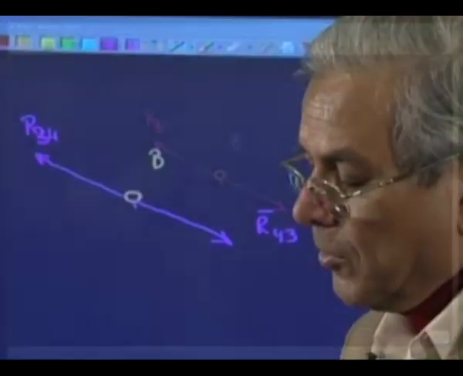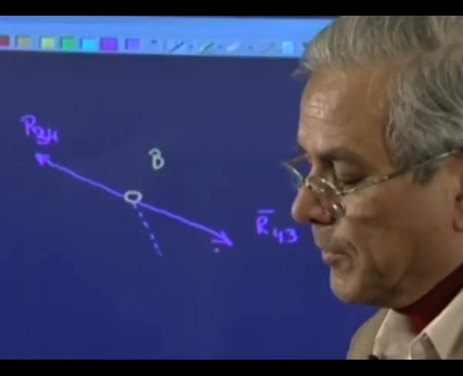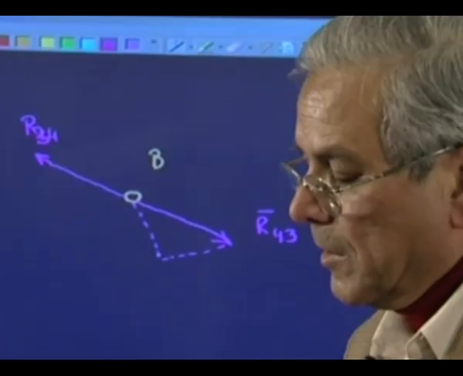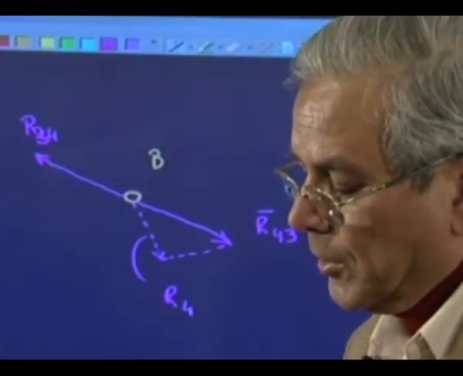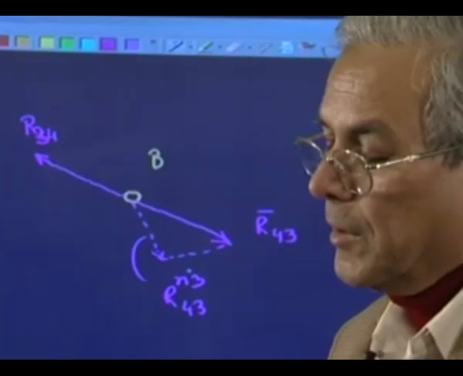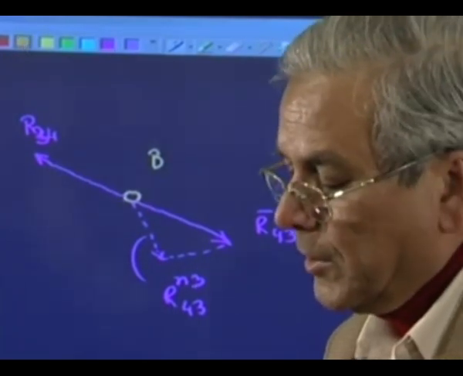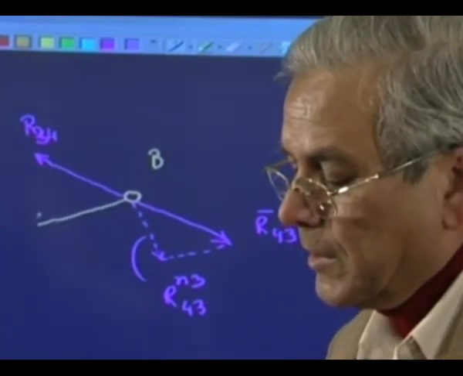Now we found out a component of this, which we call R43 normal to 3. If you remember, the link 3 direction was like this.